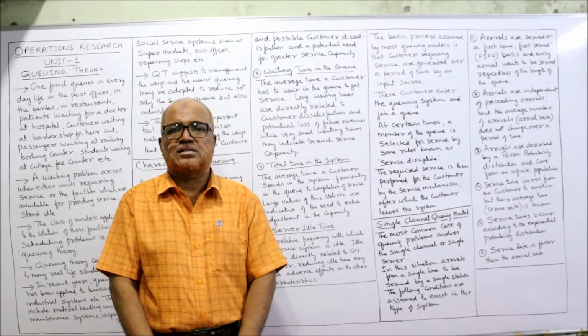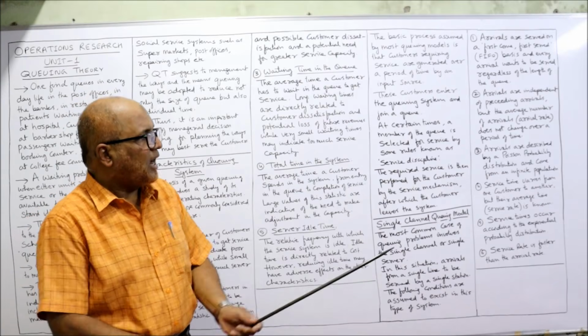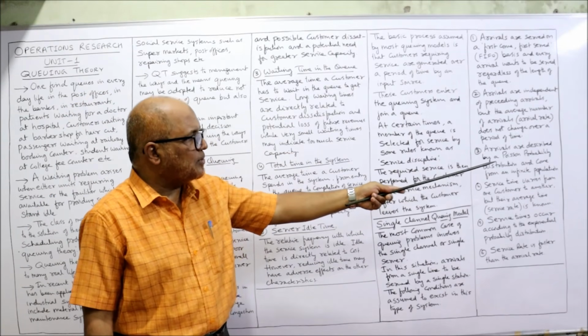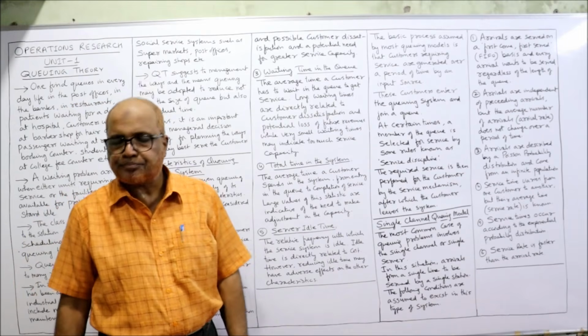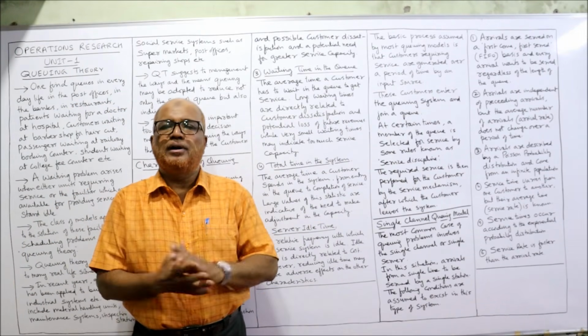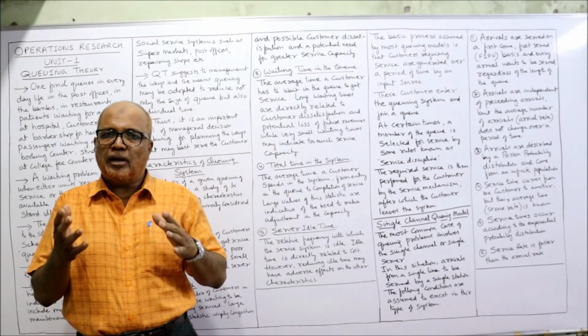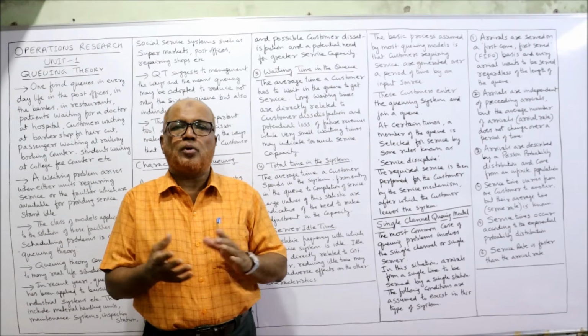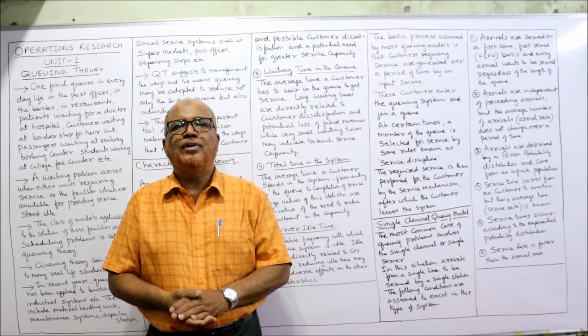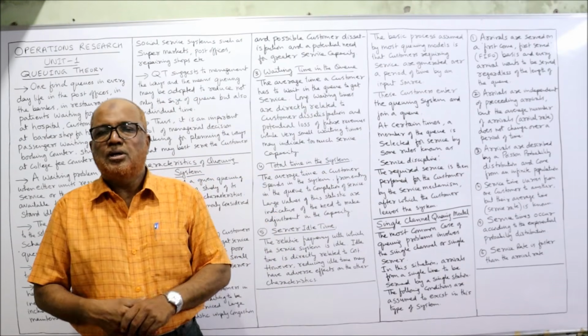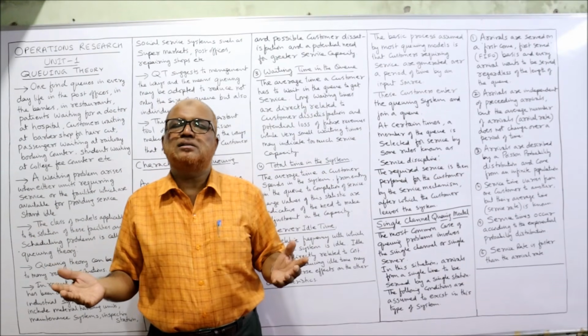Third one, arrivals are described by Poisson probability distribution and come from an infinite population. Now, there are different probability distributions like binomial, Poisson, or exponential, etc. Whenever there is uncertainty, we apply Poisson distribution. So, arrivals are completely uncertain.